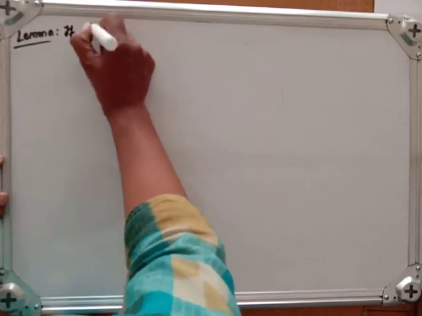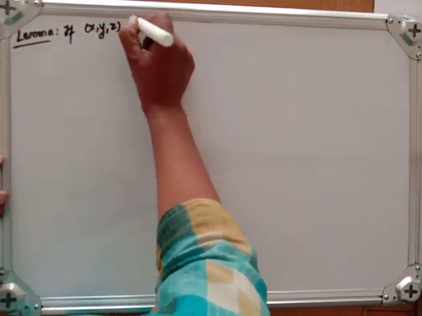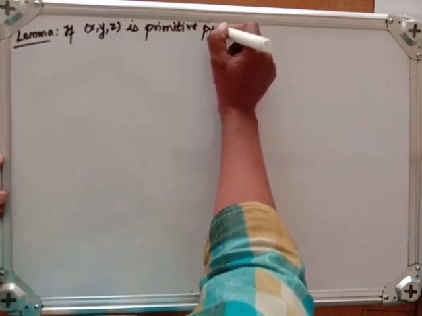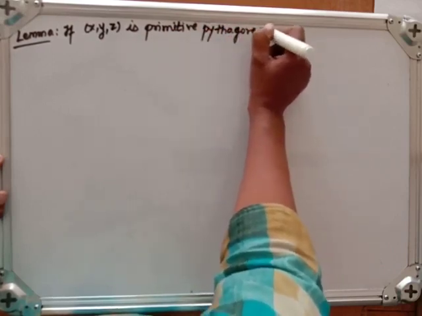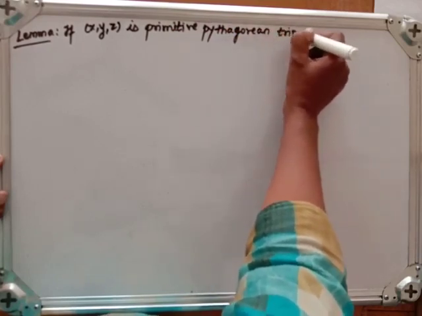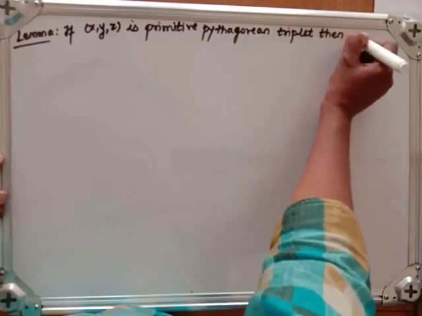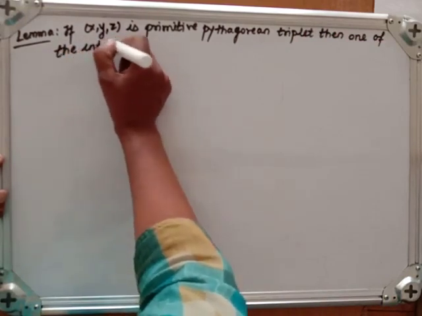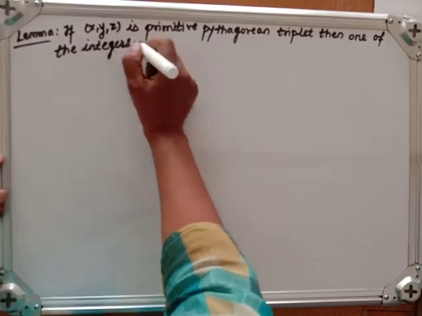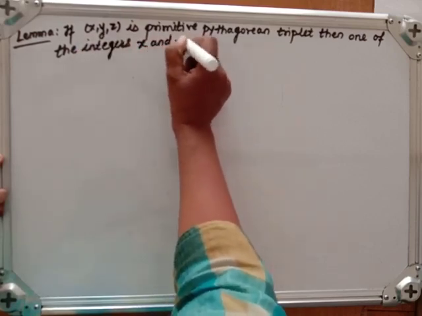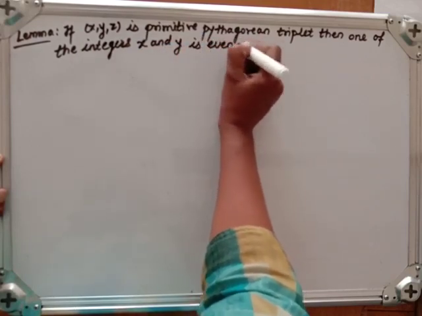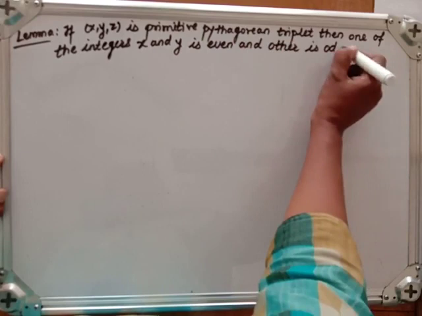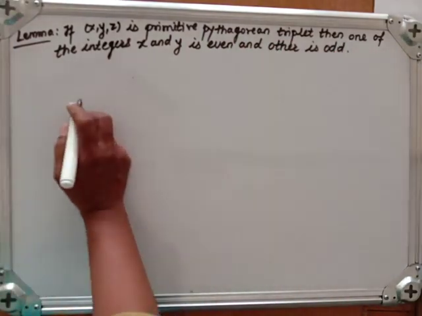If (x, y, z) is a primitive Pythagorean triplet, then one of the integers x and y is even and other is odd. Okay, so now proof of this.